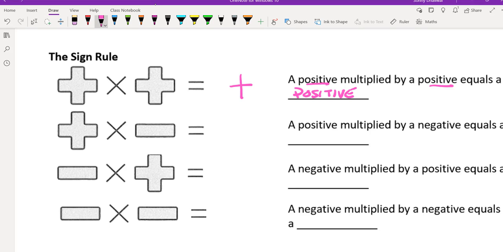Now, for the next one, if you have a positive multiplying by a negative, it's a negative. Thank you. Maybe I'll change colors here. Negative. Okay? And if you have a negative times a positive, Armand? I didn't do it last year. All right. Anybody else? Zion? It's negative. Negative. Thank you.